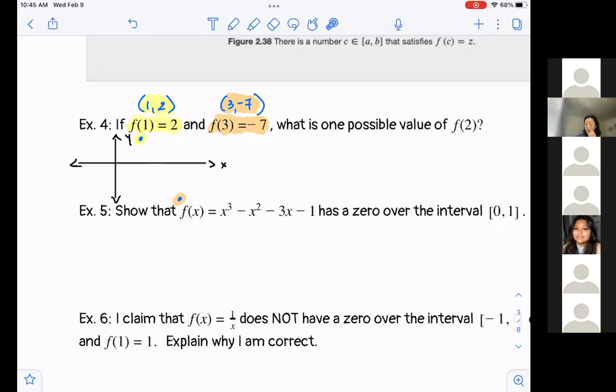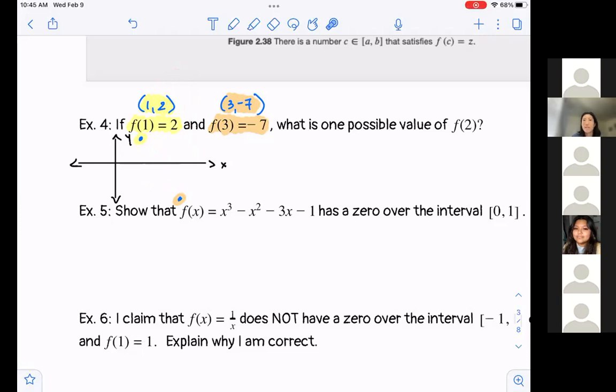A curve, yeah, maybe it looks something like this. That's valid. Maybe it looks something like this. That could be crazy and wacky, right? Maybe it goes like this. Lots of different choices.